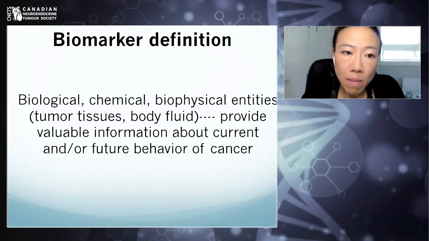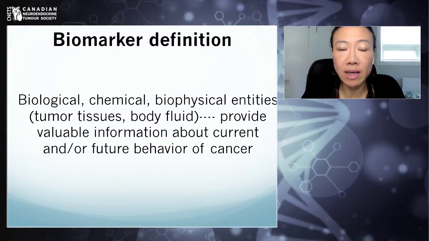What is a biomarker? A biomarker could be a biological or chemical substance present in the tumor tissues or body fluid, such as blood, urine, or stool, or could be a biophysical entity such as imaging scans, which could provide valuable information about the current and/or future behavior of cancer.